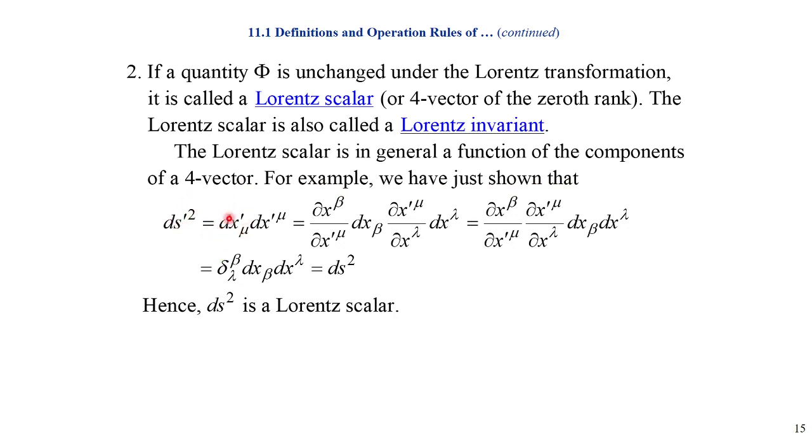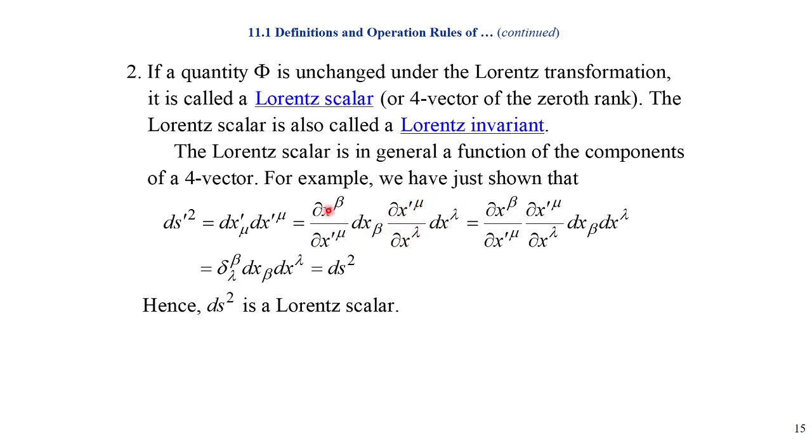For example, we have just shown that s prime equals x prime mu x prime mu, with subscript, superscript, contravariant, covariant. And this can be rewritten using the Lorentz transformation. Sum over beta, sum over mu or lambda, so we got this one.